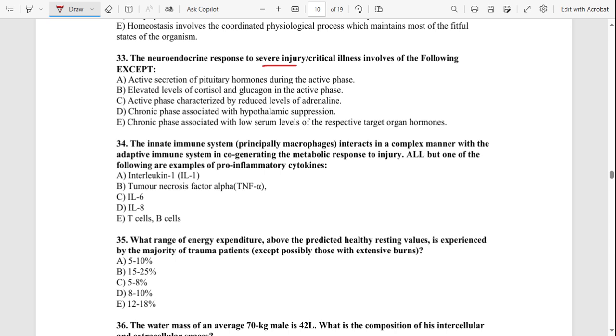Anyone to help with that? Anyone? Would you want to explain, Doc? There's increased levels of neurotransmitters in the active phase.